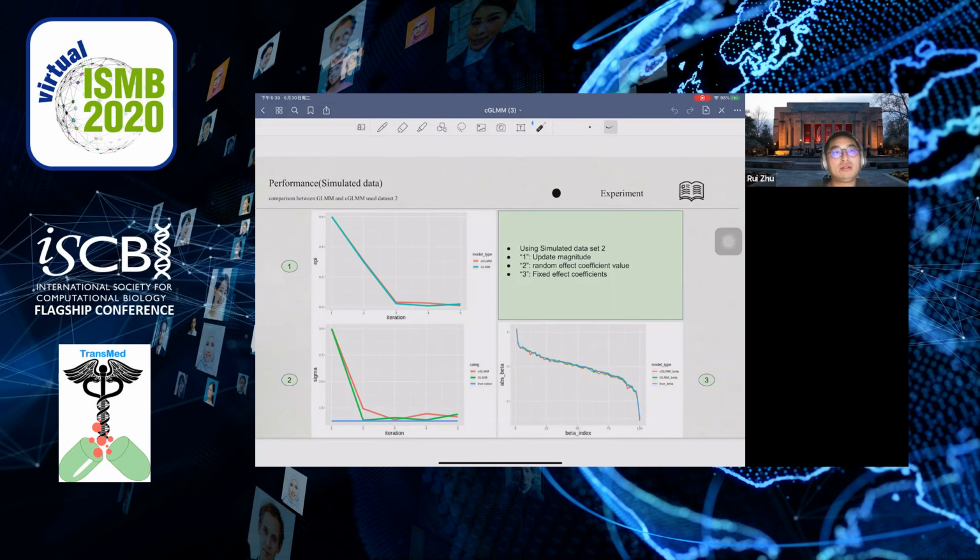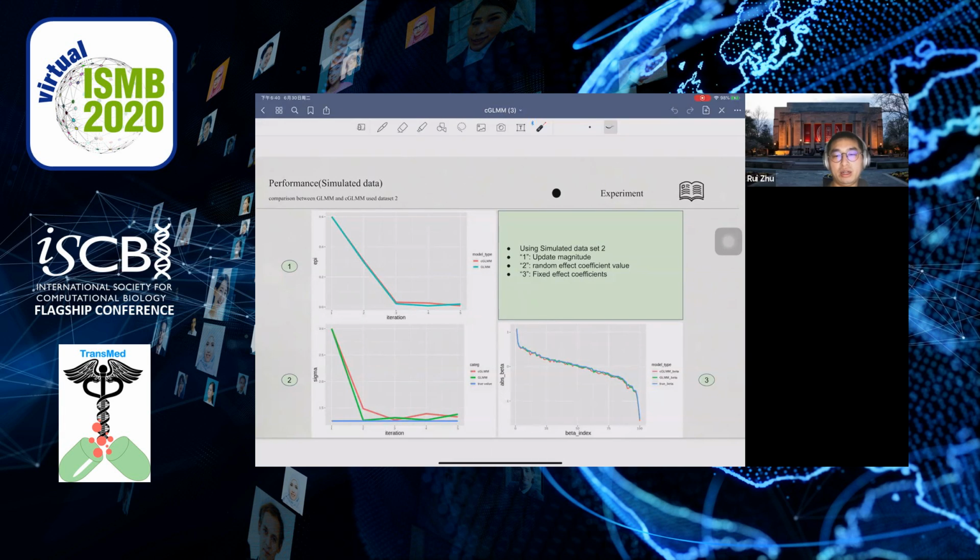We want to compare the performance difference between regular GLMM and CGLMM to see whether the performance is similar or not. Here, we show the graphs of the performance when applying to simulated data set 2, which has 100 SNPs, because the other two data sets' performance is pretty similar.